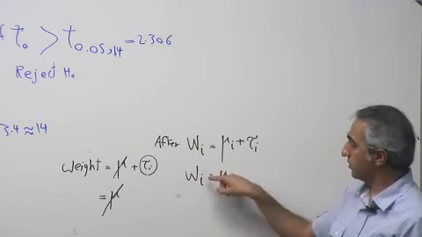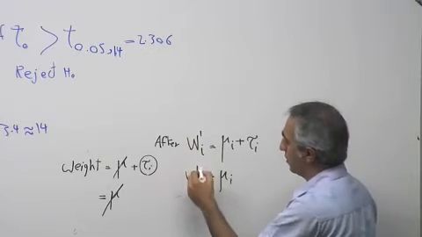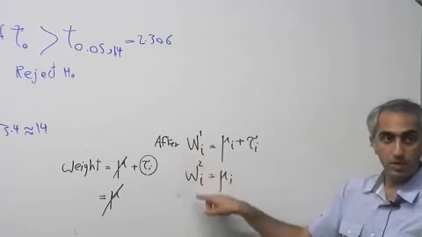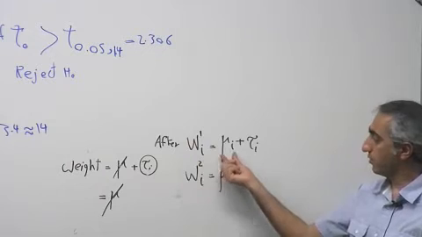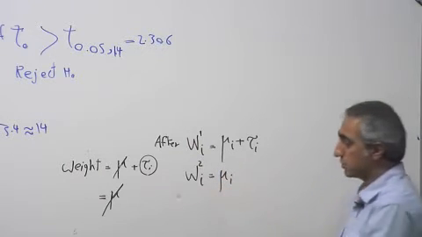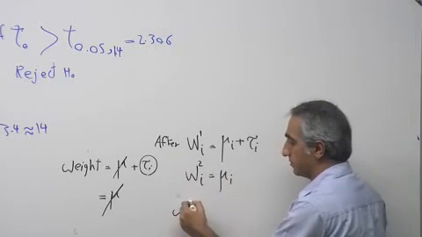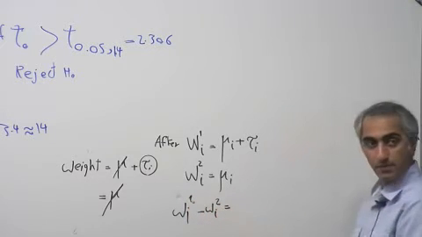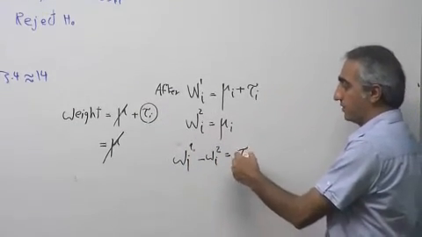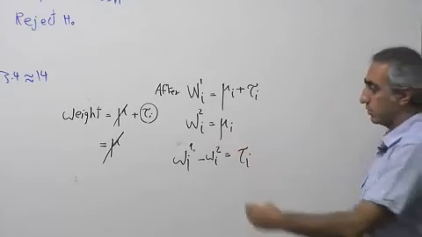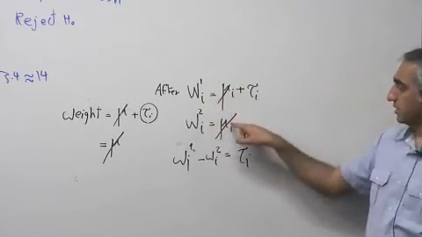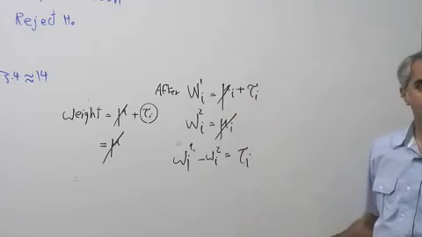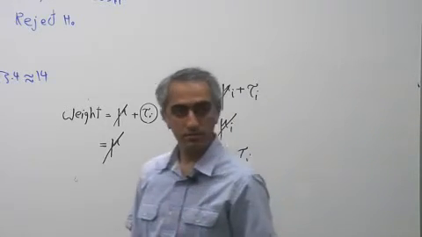And as you can see, both of these two, let's call them W1, W2, are dependent. Why? Because both of them have mu i. When you subtract them, what happens? You only have tau i. So this is the dependency cause. So you are removing that dependency cause. Make sense?